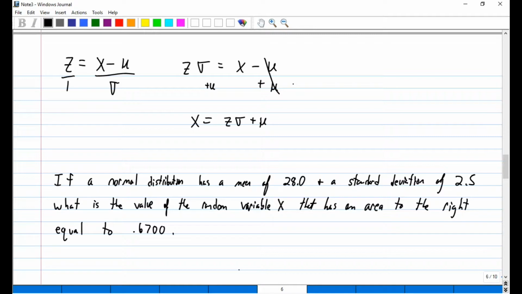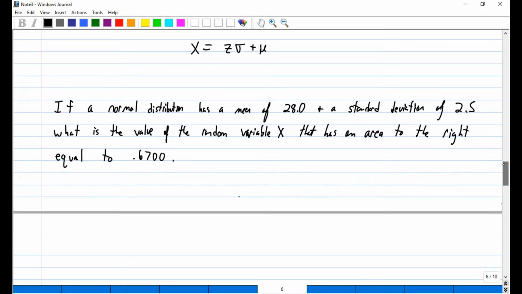So what we're trying to figure out is the x value. In this x value that I'm looking for, exactly 67% of the area will be shaded to the right. We know that the total area under the curve is 1, so we may have to use that to help us figure out some things.